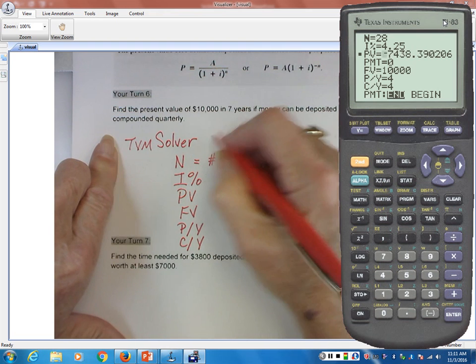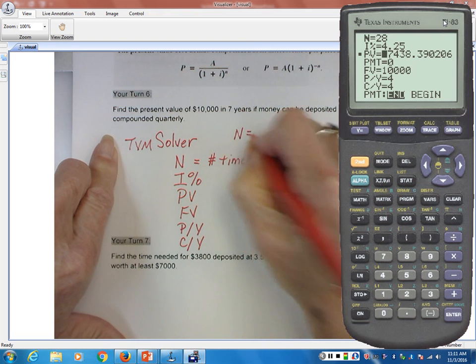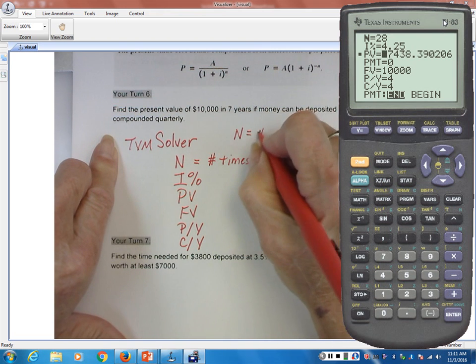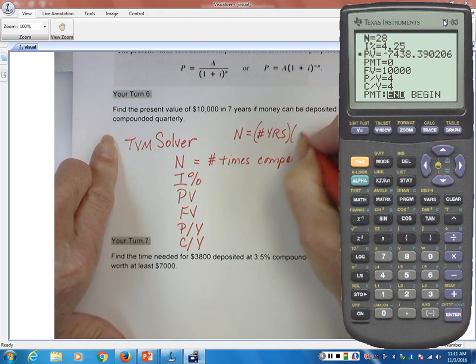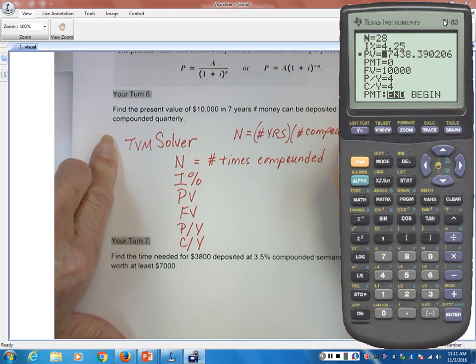And basically, N is going to have to be the number of years times the number of compoundings per year.